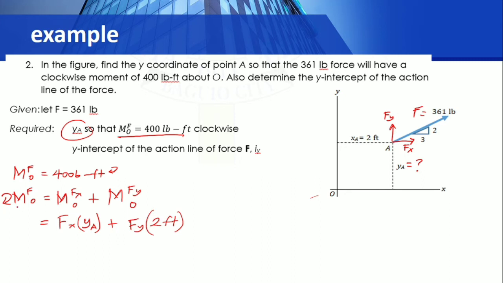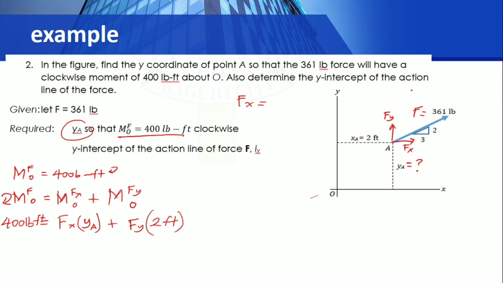So, ngayon, yung given yung ating moment ng force at point O, that will be 400 pound-feet. And given yung ating force, which is 361 pounds. So, paano natin makukuha yung Fx? So, yung magiging Fx natin is equal to, kunin natin yung slope. So, that will be 3 over 2. So, kunin natin yung hypotenuse pala ng ating triangle.